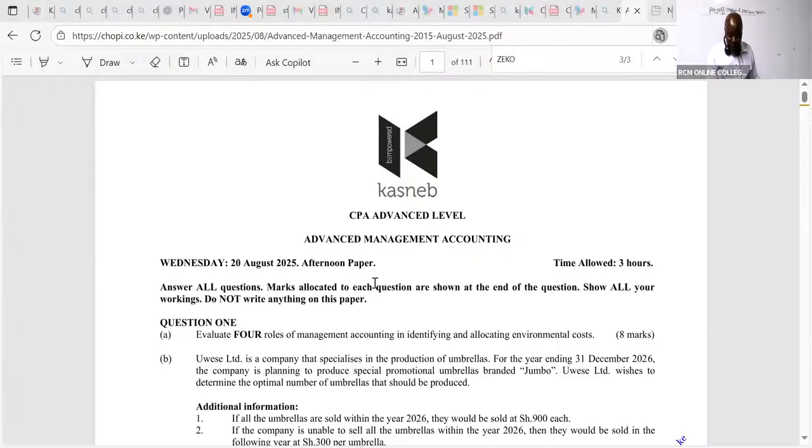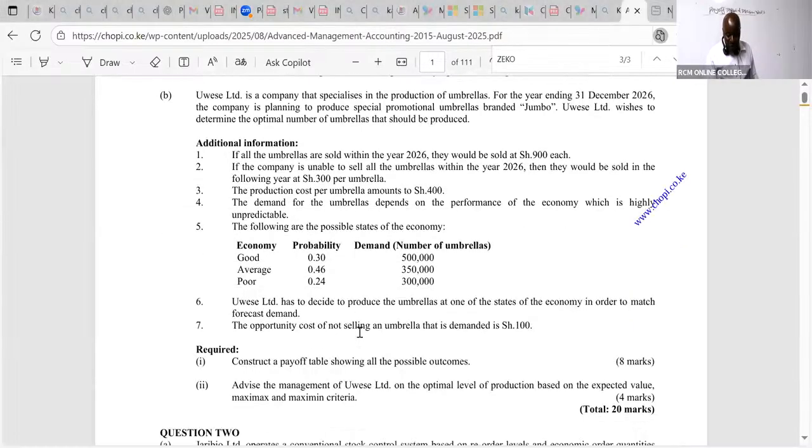Let's focus on this first. LM is at 8 p.m., it's far away. So you start by reading the requirement: construct a payoff table showing all the possible outcomes. Advise the management of HL Limited on the optimal level of production based on the expected values. So really, this was a very easy question, but over 80% of the students never got this right.